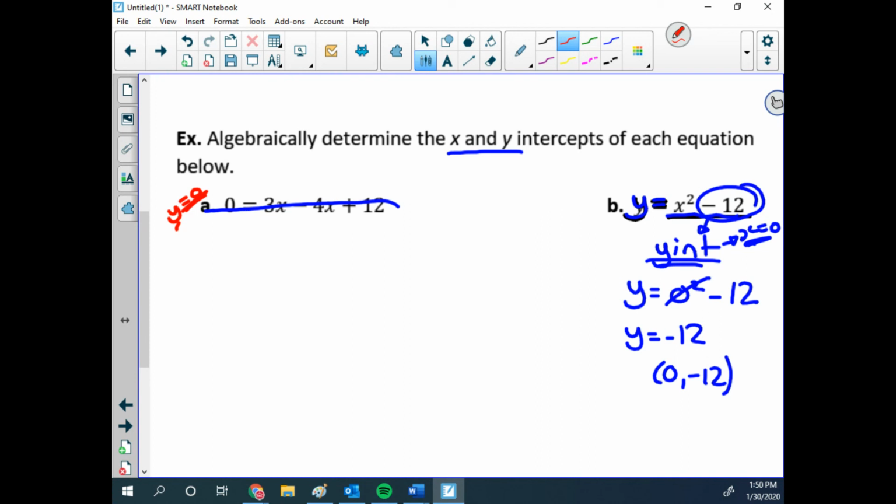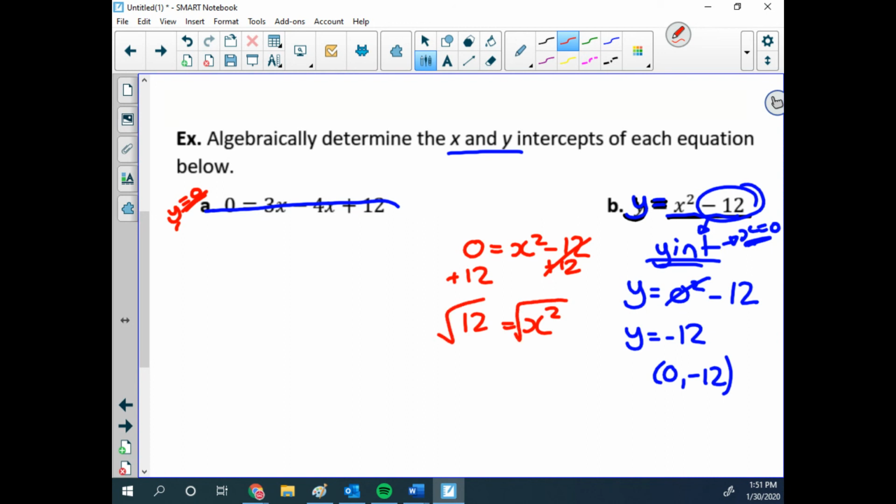To solve for the x-intercept here, we make y equal to 0. So 0 equals x squared minus 12. I need to solve for x, so I'd add 12 to both sides. So 12 is equal to x squared. When we're trying to solve for an x or y-intercept, we want x by itself. In this case, x is being squared, so we need to square root that.